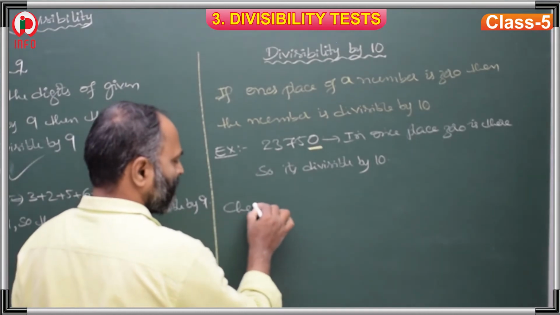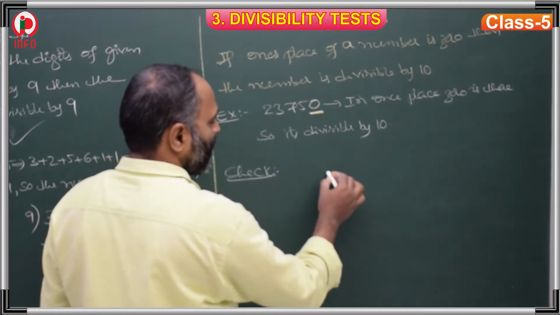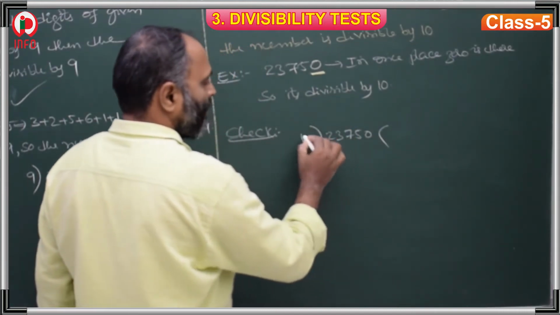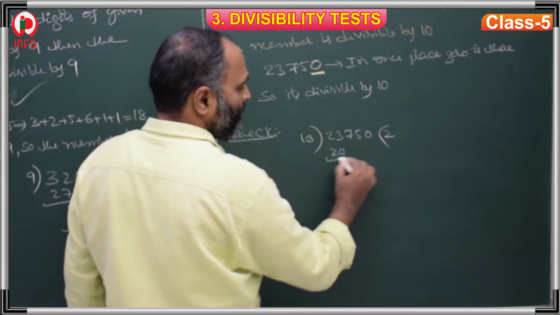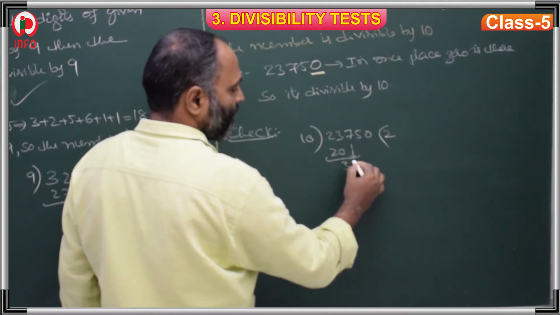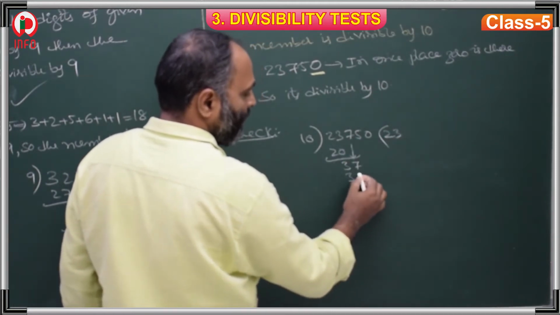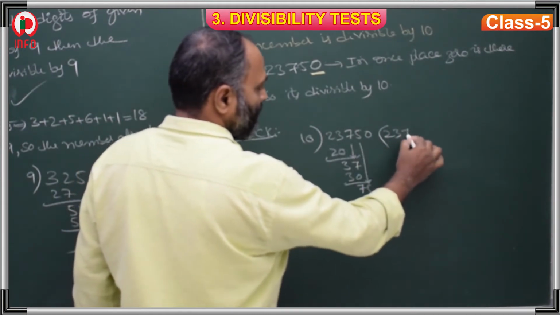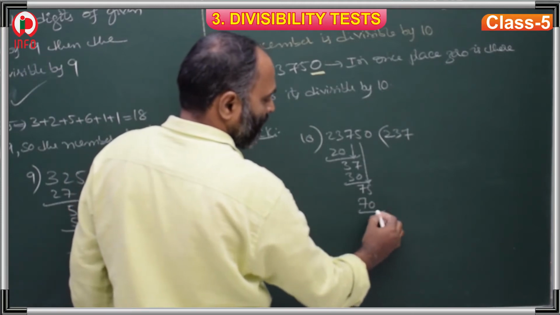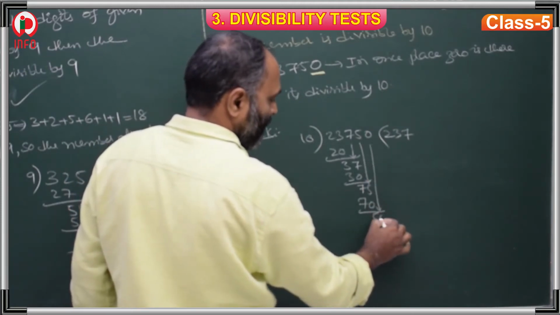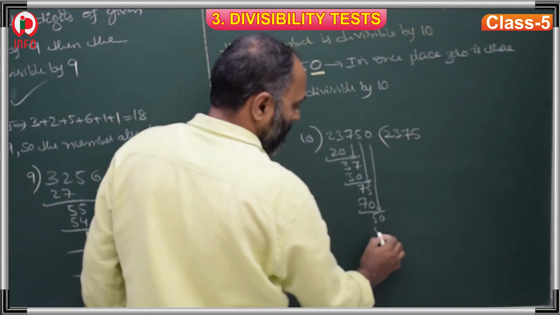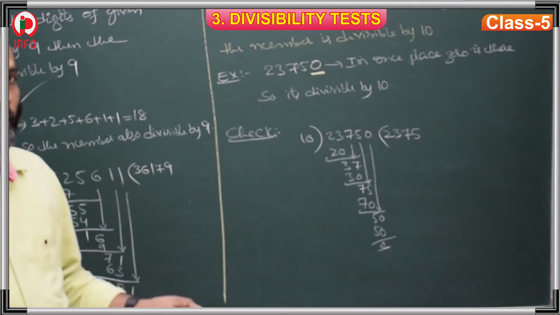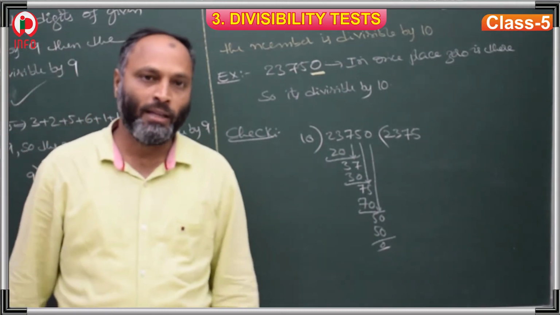Check: take this number 23750 and divide by 10. 10 twos are 20, 3 and this 7, 10 threes are 30 and this 7, this 5, 10 sevens are 70, 5 and this 0, 10 fives are 50. In this way we have to decide whether the given number is divisible by 10 or not.